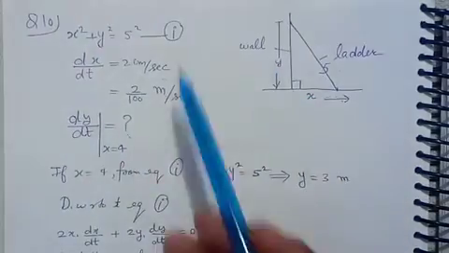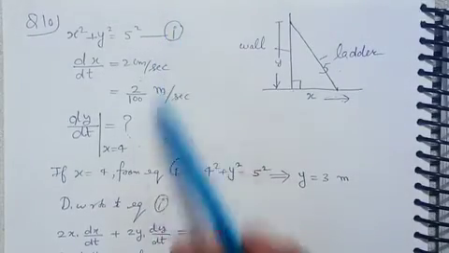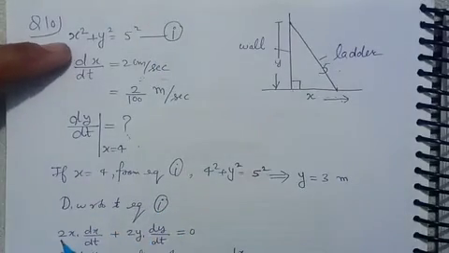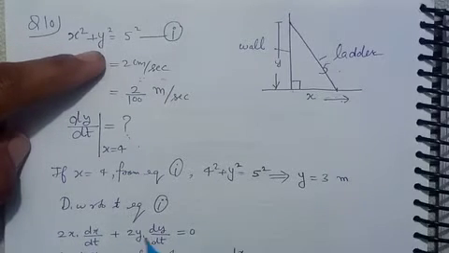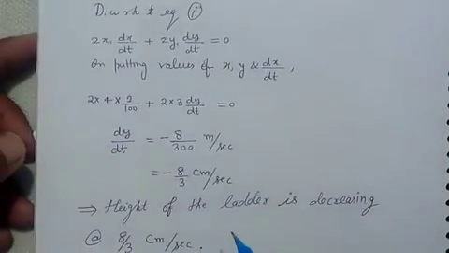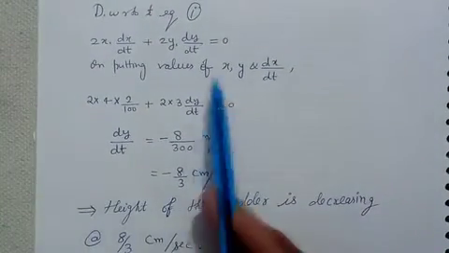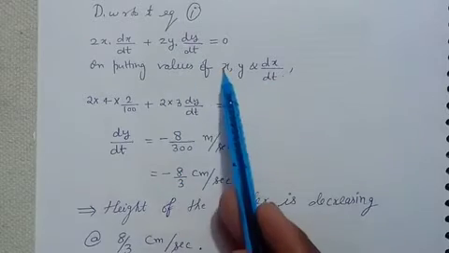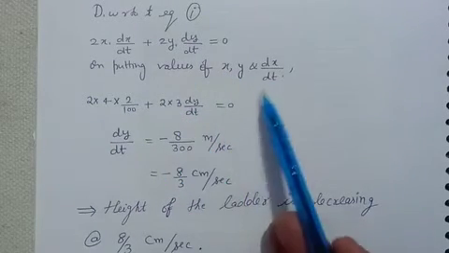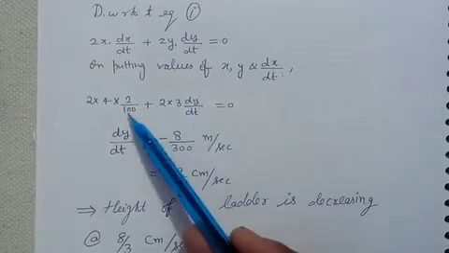This is equation 1. Now differentiate this equation 1 with respect to t. x square means 2x into dx by dt plus 2y into dy upon dt, and the derivative of 25 is 0. Next, on putting the values of x, y and dx by dt, it is given x equal 4, then y will be 3 at that instant, and dx upon dt is 2 by 100.